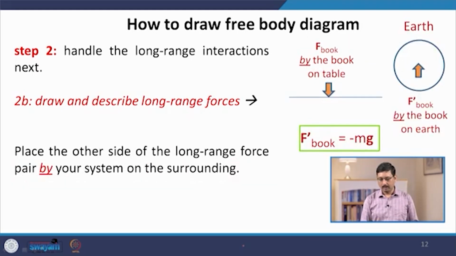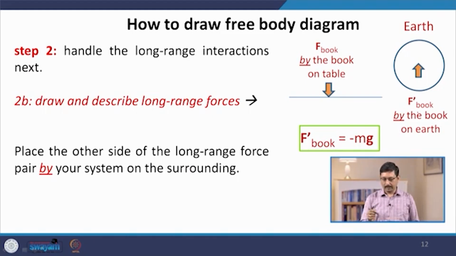This we have not shown here, but it is shown in this particular case. So, this is the earth and this arrow is the force by the book on earth. So, this is a crucial point.